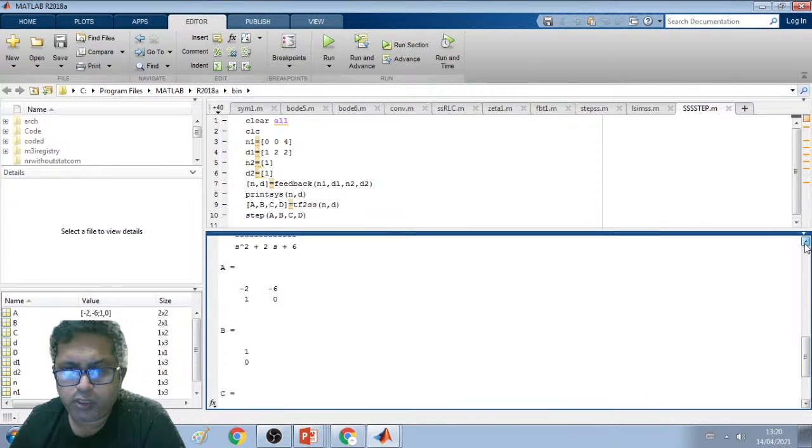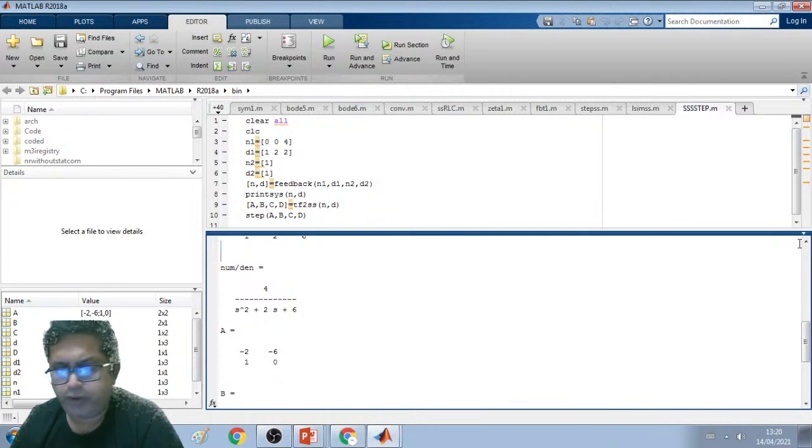Let us see what is the transfer function: 4 upon s square plus 2s plus 6. In this way you can find out the response.